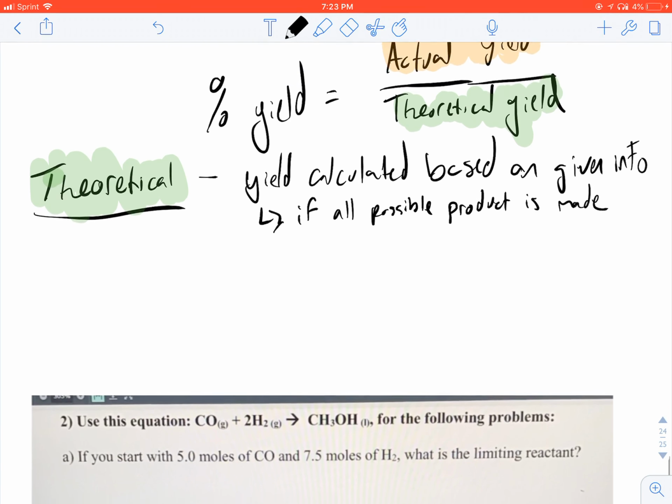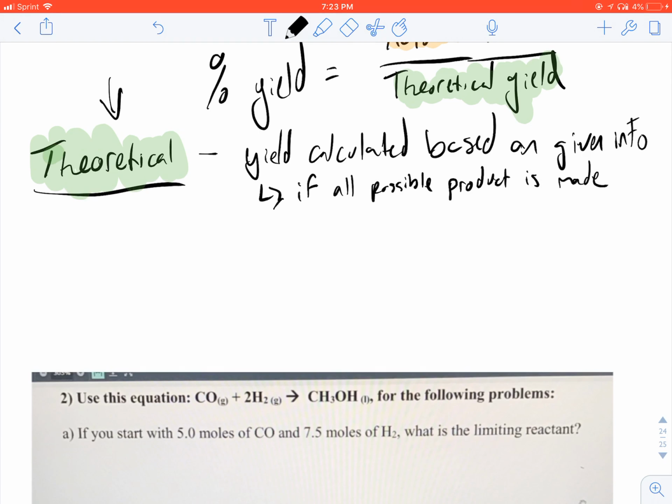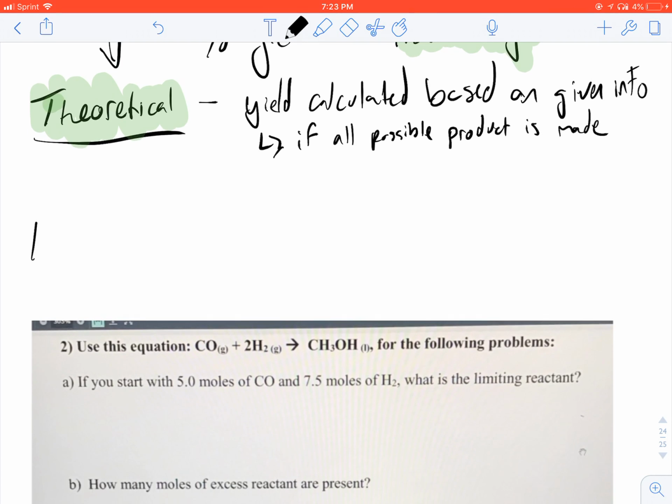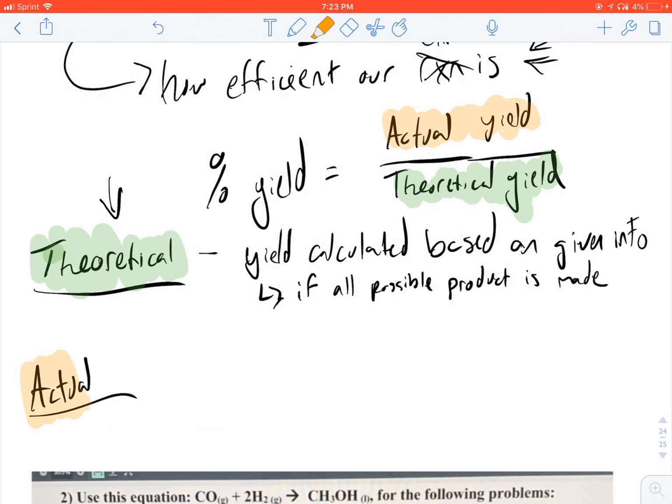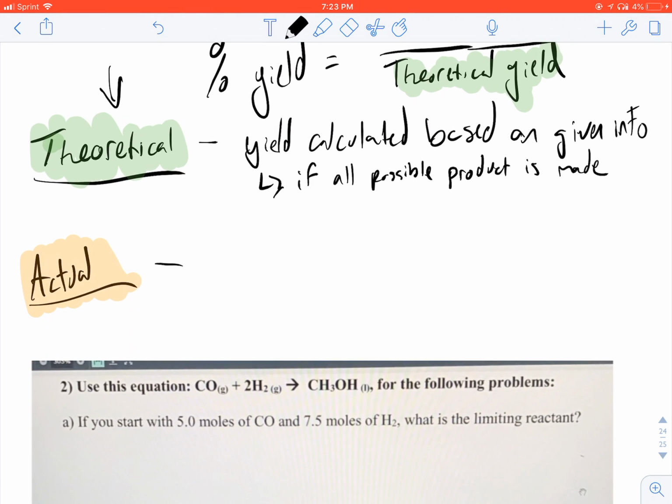All right, so after you find the limiting reactant, find the amount of product made, what you're solving for is the theoretical yield. Now, in reality, when you're conducting these experiments and trying to make whatever products you're making, there's a lot of side reactions, a lot of things that you cannot account for during a real experiment.